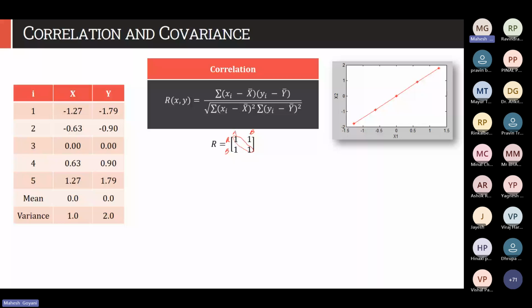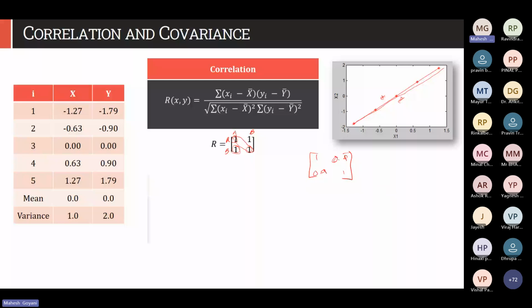The correlation between B and B is always 1. This represents the correlation between variables A and B. Right now it is perfectly correlated, and that is why the correlation is 1. If some point were deviated from the line, then my correlation matrix might be 1, 1, and this could be 0.9, 0.9. These two will be the same because it is always a symmetric matrix.